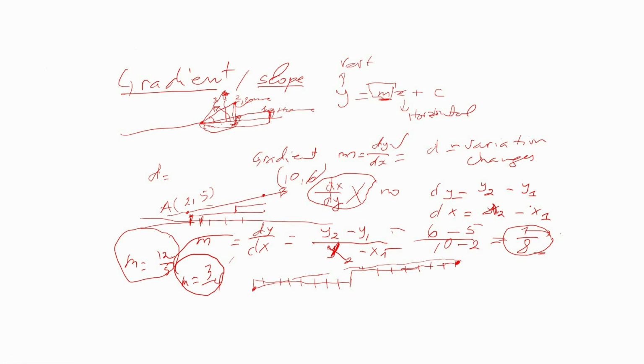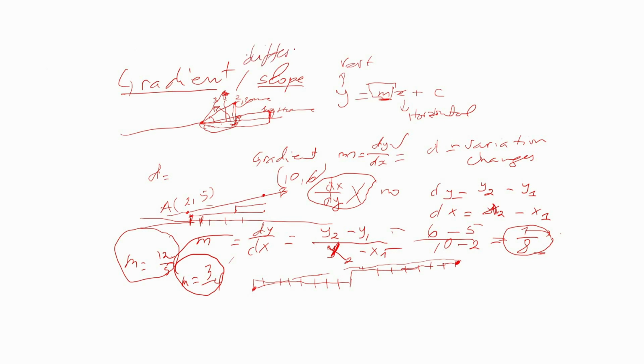If I write, for example, a gradient which is 12 over 5, what's the meaning of this? This gradient is telling us that you need to move 12 units upward and then 5 horizontally. This differs from 1/8 here, where you move 1 vertically and 8 horizontally.